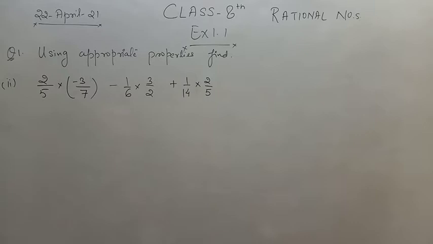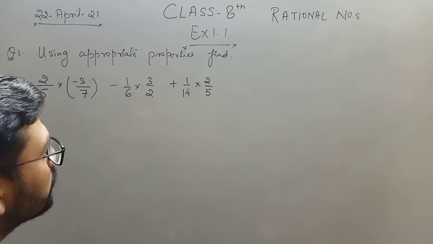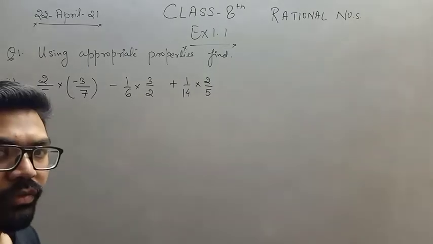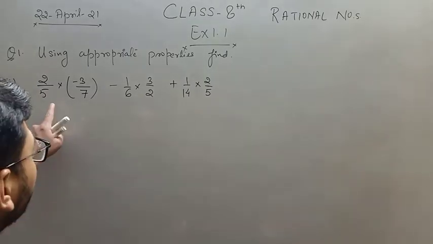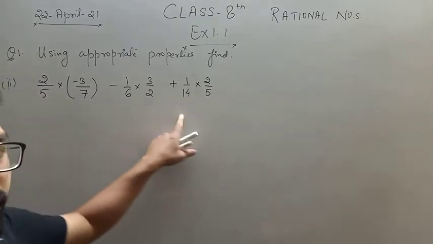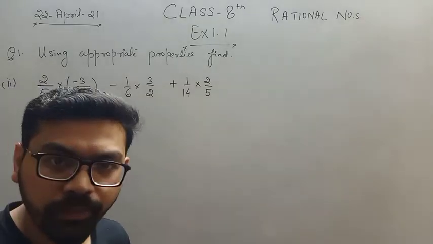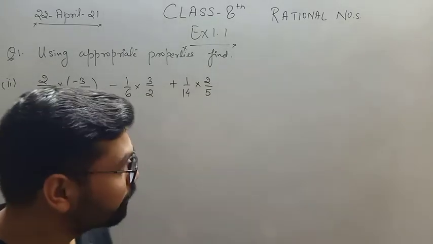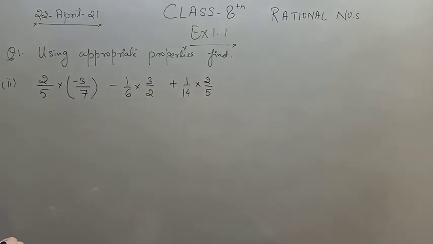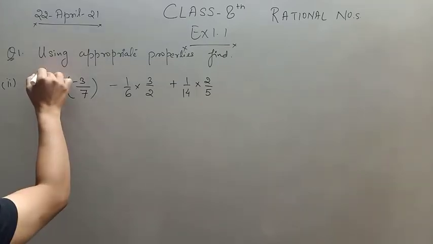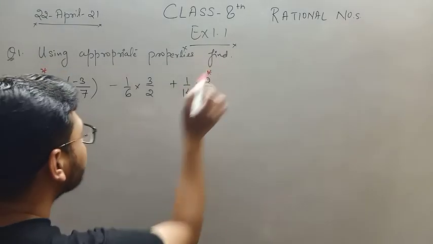Now the next question is 2 upon 5 into minus 3 upon 7 minus 1 upon 6 into 3 by 2 plus 1 by 14 into 2 upon 5. Now I need to solve this question by using an appropriate property that we have learned earlier. So 2 by 5, 2 by 5.